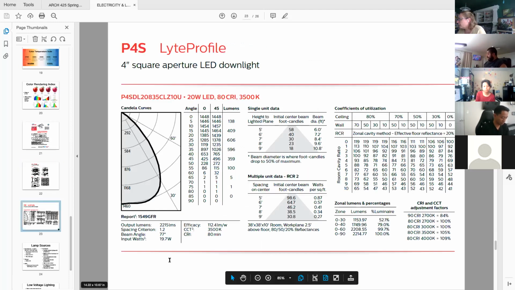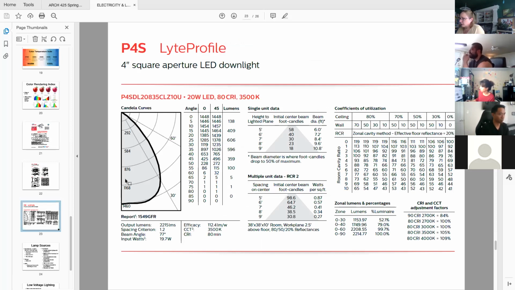Then this is the page that talks about the performance of the fixture. This is a typical lighting curve. These are distances, these curved lines here, 292, 584.